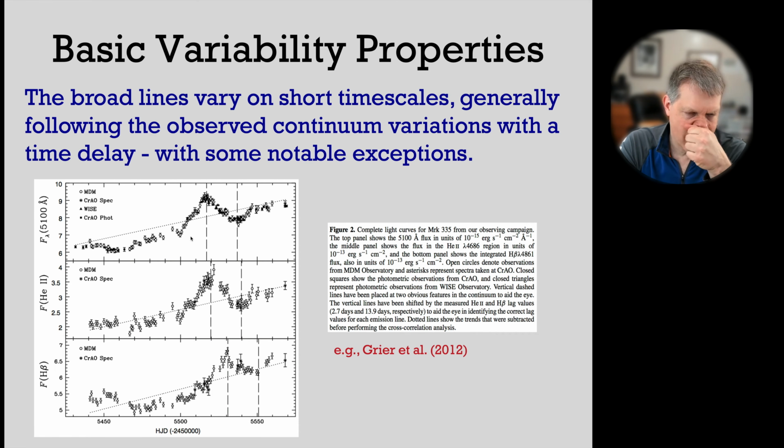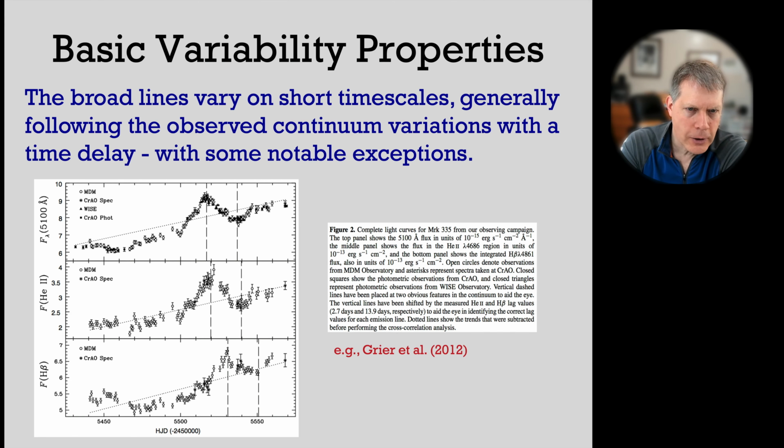And a nice example of that is shown down here. This shows the continuum, in this case measured at 5100 angstroms, of this particular active galaxy, Markarian 335. And then here is the emission line light curve for helium-2, and you'll note that the helium-2 emission line light curve has the same basic variability trend to it, but is shifted.